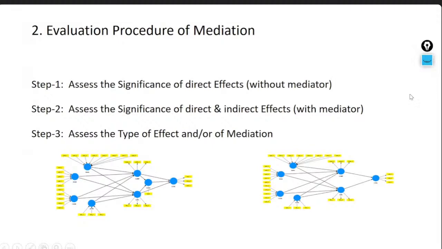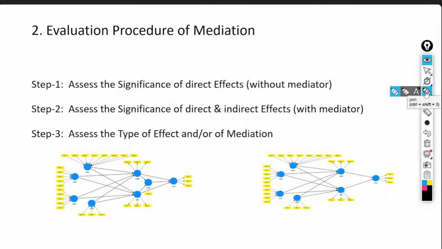So the evaluation procedure: how to evaluate the mediation analysis. We will estimate three steps. In the first step, we will assess the significance of the direct effect without the mediating variable. We are not considering the mediating variable.